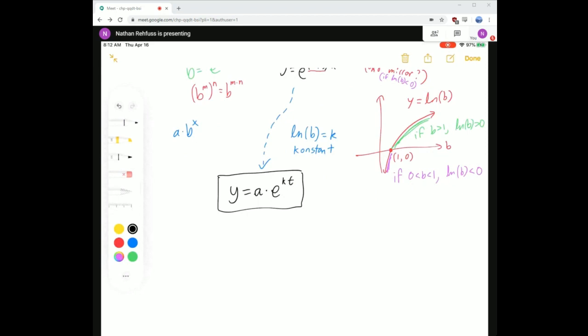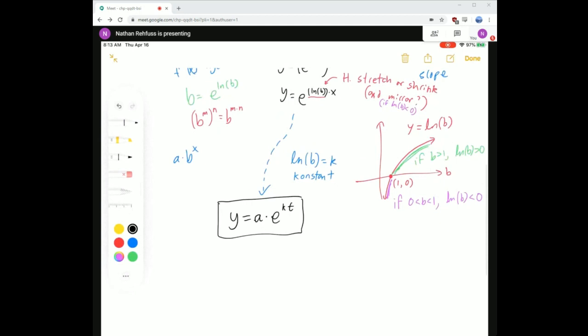And the reason it gets us both is, remember this graph right here, the green and pink graph. If I have a value of b bigger than 1, then k is going to be bigger than 0. So I get growth when k is positive, and I get decay when k is negative.